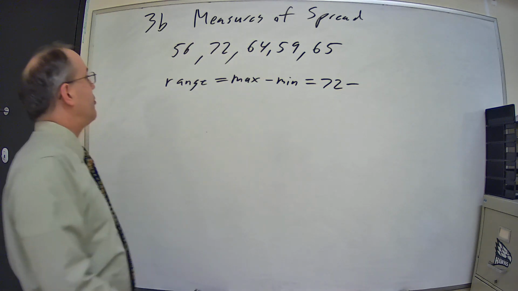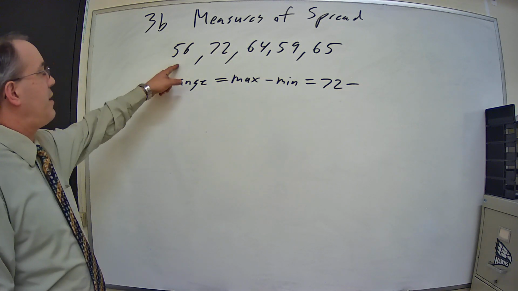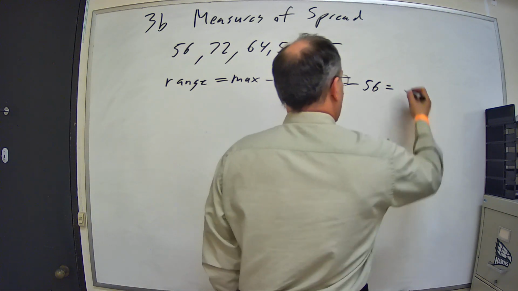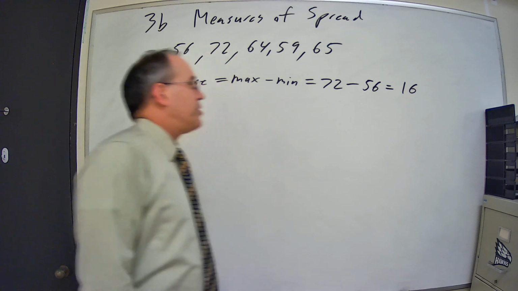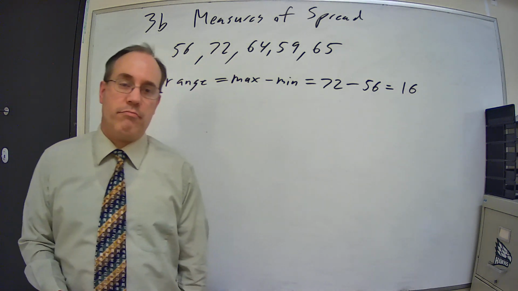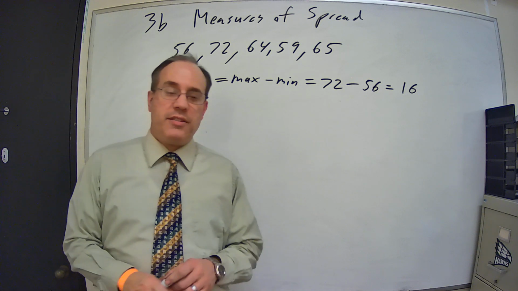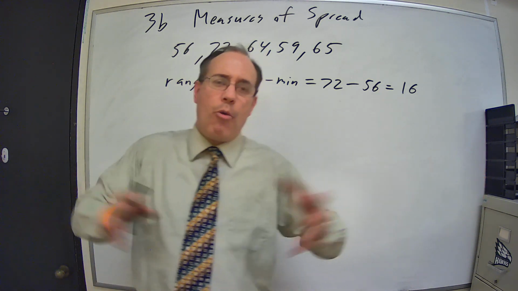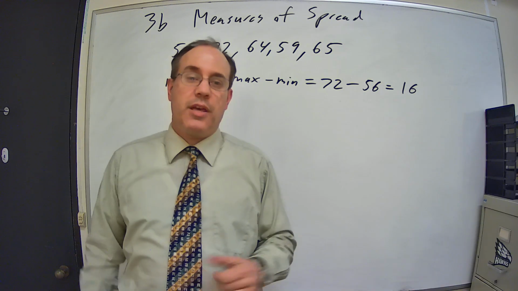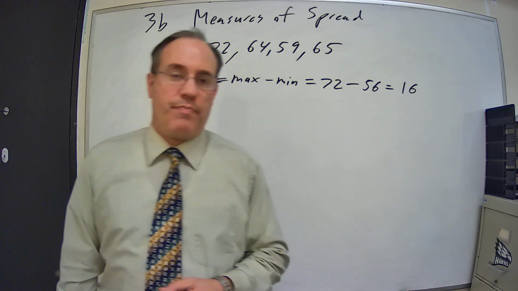Our minimum value is what? 56. 72 minus 56 is 16. So we have a range of 16. So that's our basic thing. How big is the spread of our data? Well, the range is such and such. So that's a very basic one.